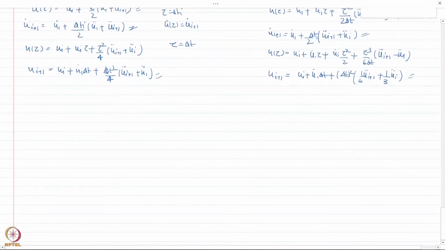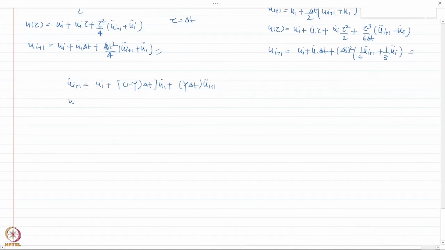So if I write down my velocity as ui plus 1 dot is equal to ui dot plus (1 minus gamma) delta t, and then gamma delta t ui plus 1.